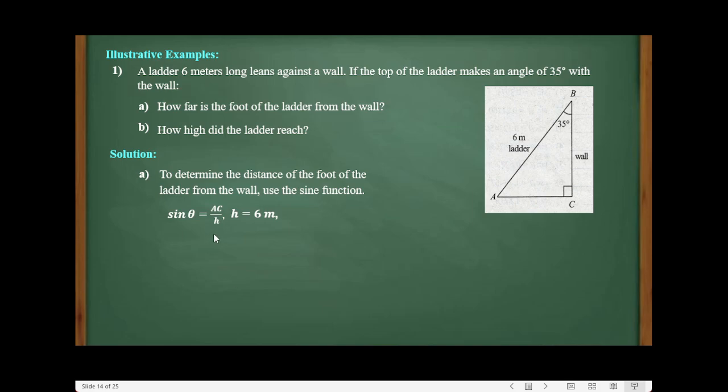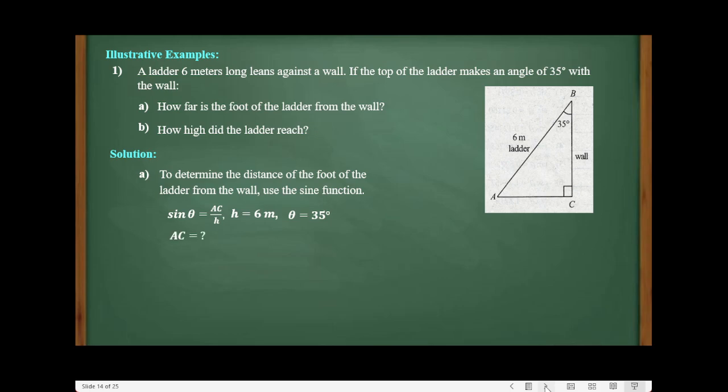I mean, H here is not necessarily height. It's the hypotenuse, which is equal to 6 meters. Then the theta here is the 35-degree acute angle.